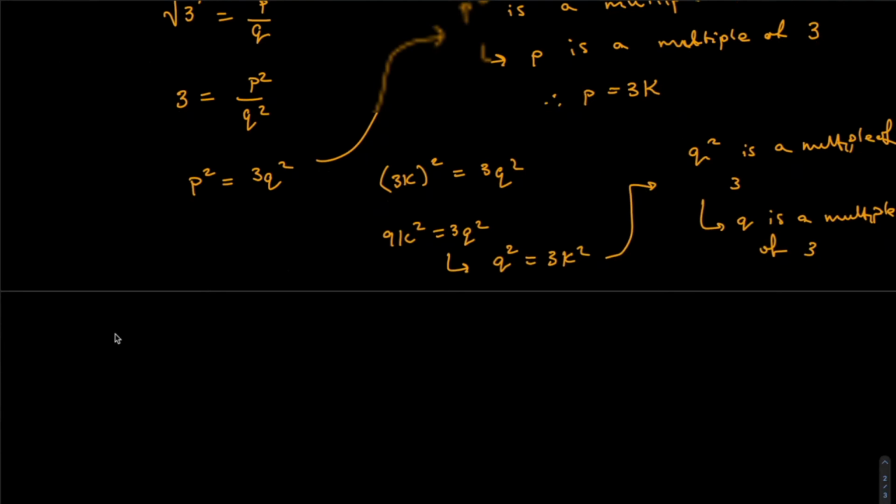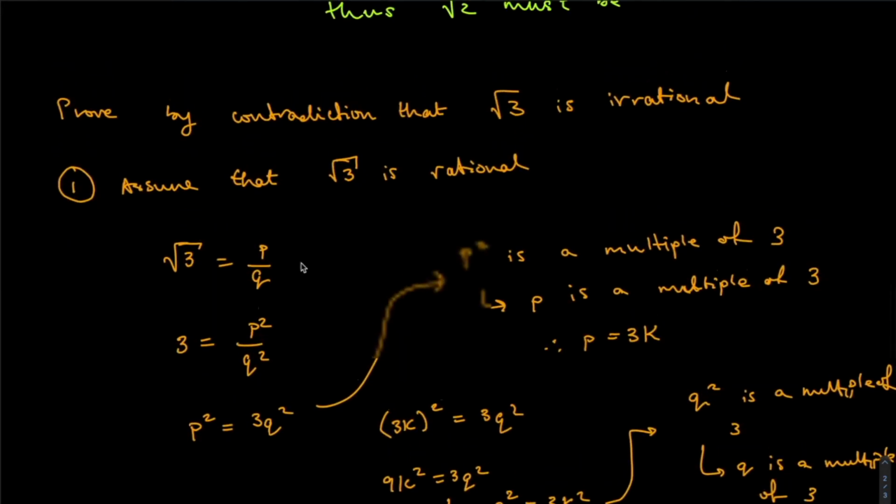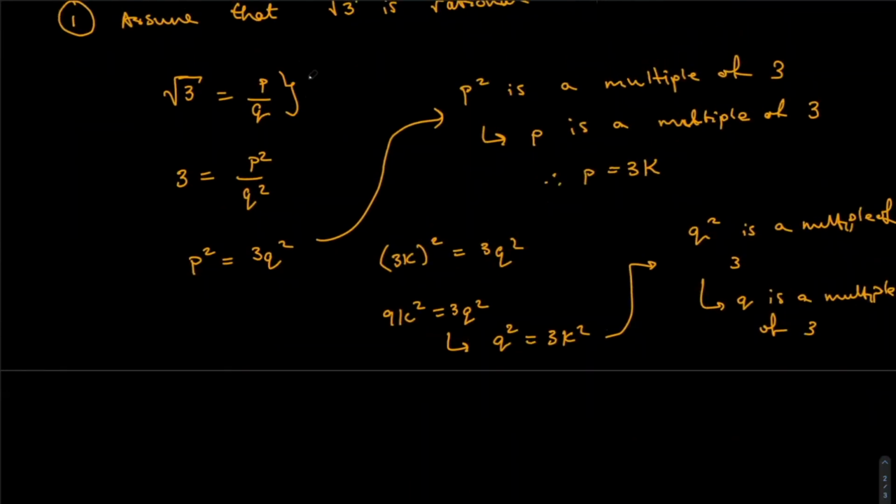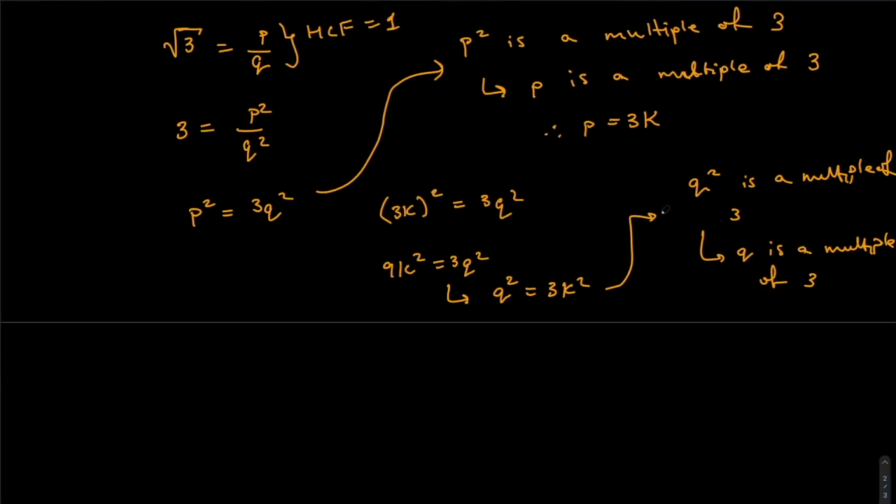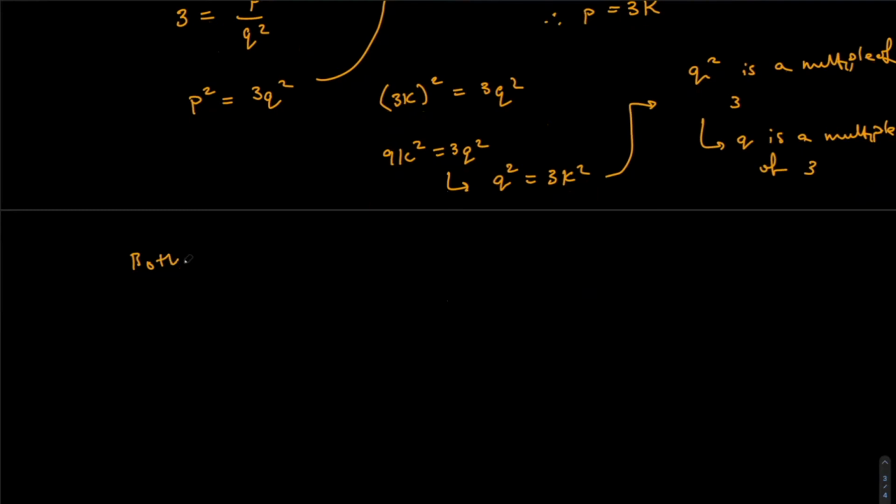Right? Now here's our contradiction. Our contradiction is that we assumed that p and q are in their simplest form. We assume that they're in their simplest form, and they don't have a common factor. Let me just rewrite it here. Highest common factor is 1, right? But here we're getting that both p and q are multiples of 3.